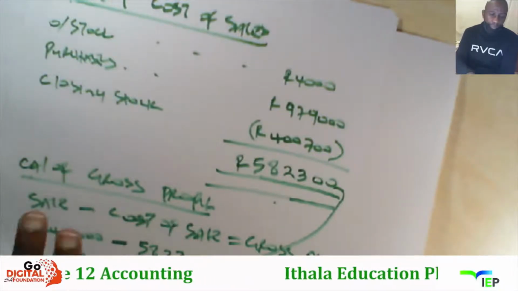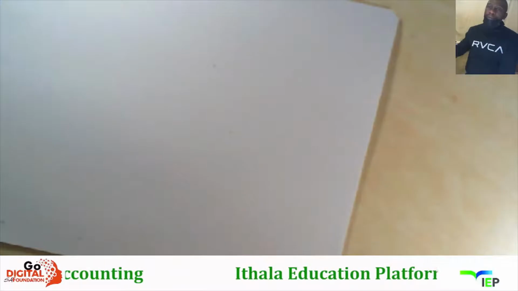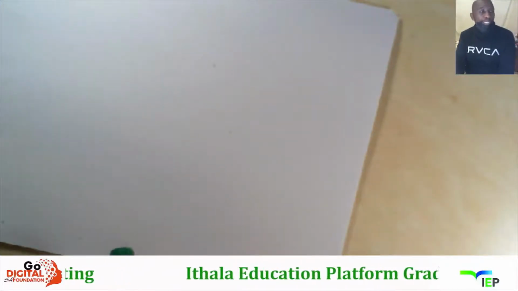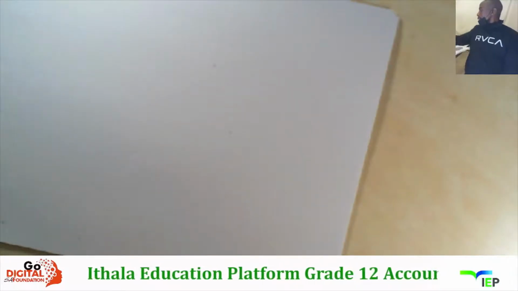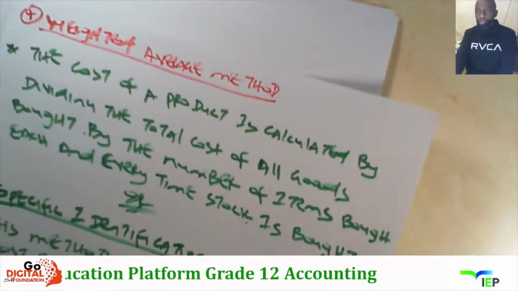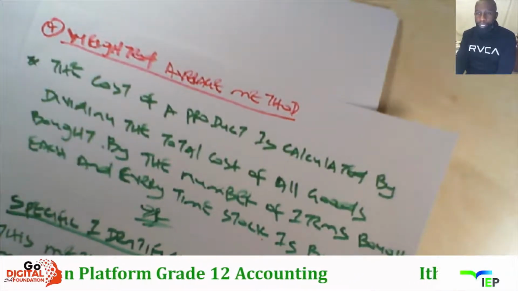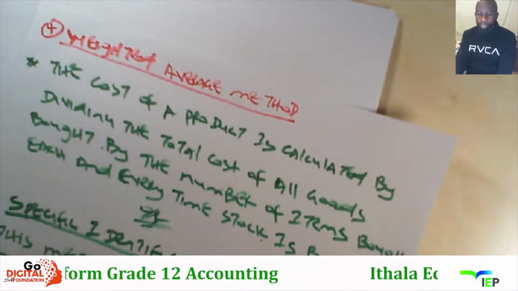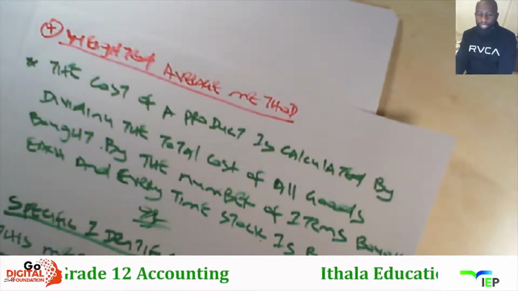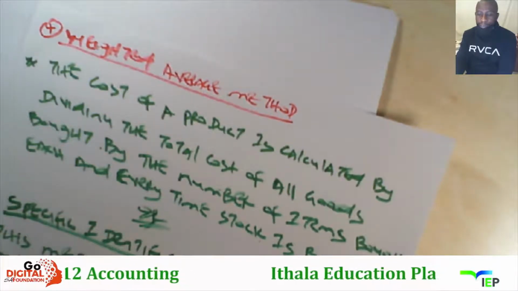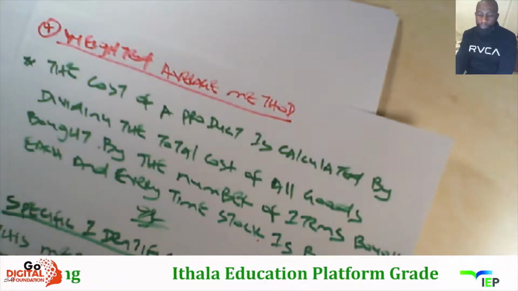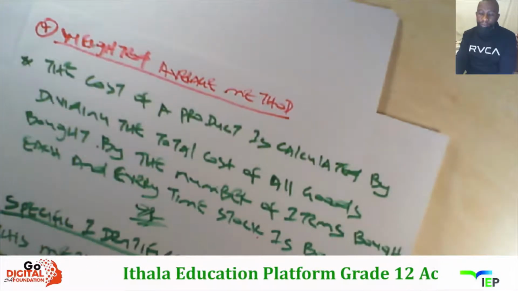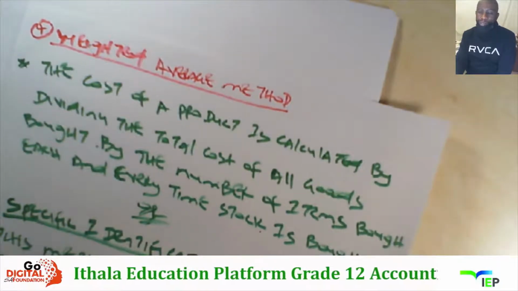Now, the question is on average, because this question wants a comparison between the two. The weighted average is very simple. It's on the question now. The weighted average method: the cost of a product is calculated by dividing the total cost of all goods bought by the number of items bought each time the stock is bought.